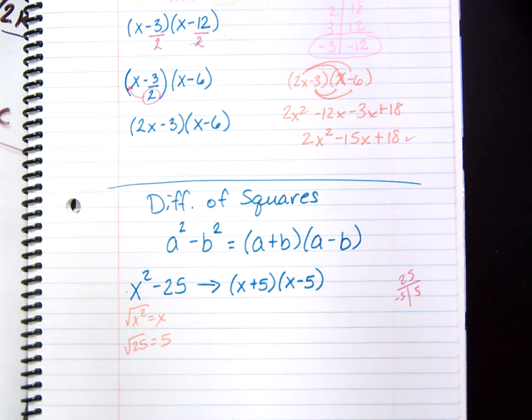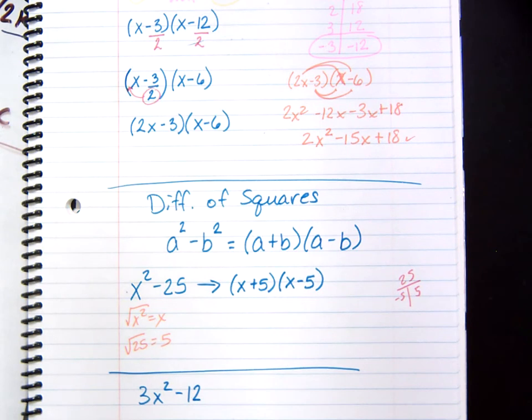Now, one more thing though, you do need to be careful about factoring out your GCF if you have one. So, for instance, let's say we had 3x squared minus 12.